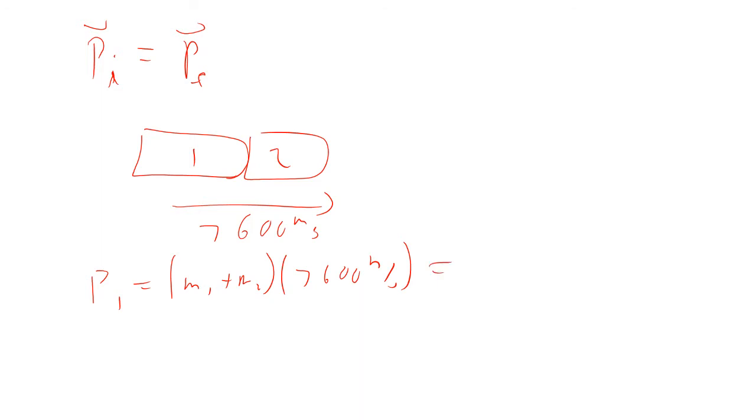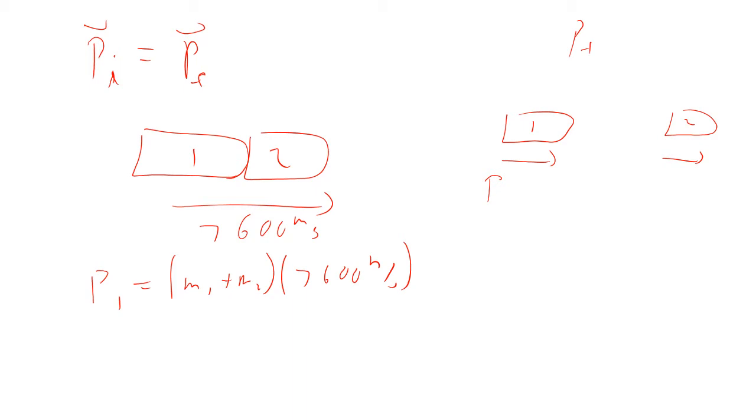Afterwards, for P final, we have object 1 and object 2.